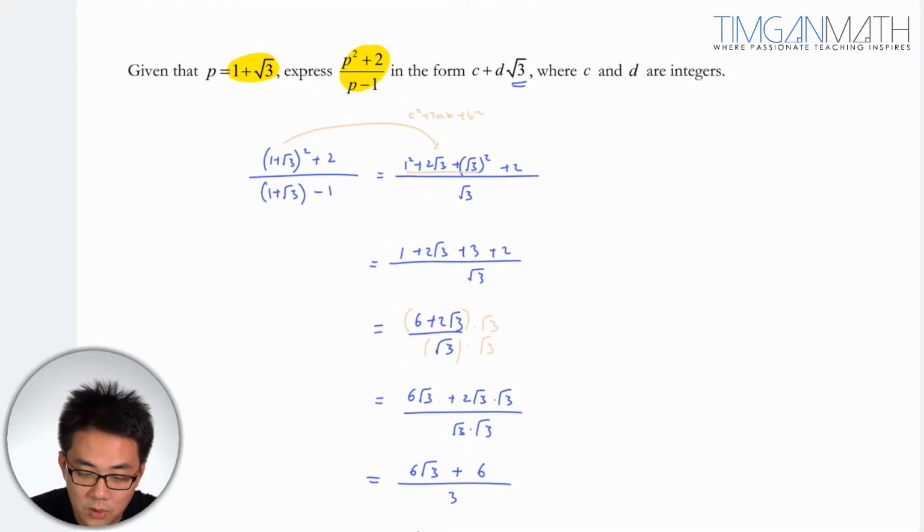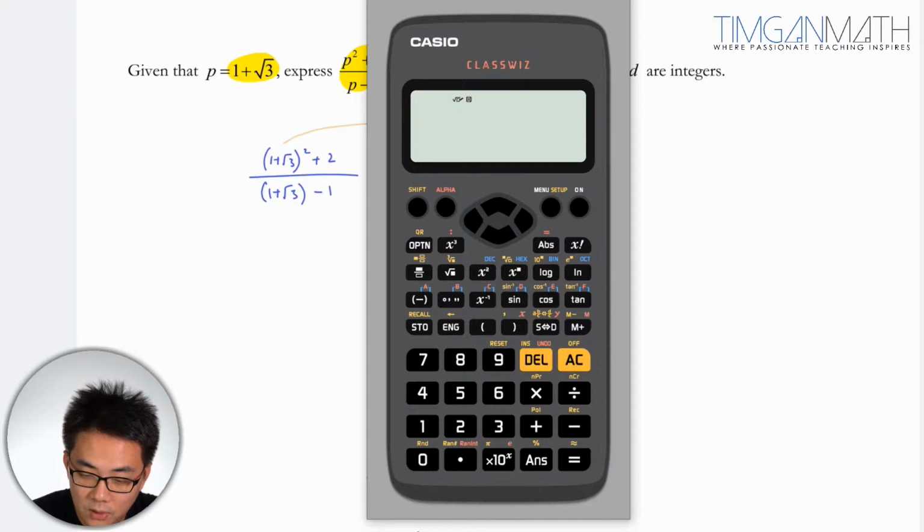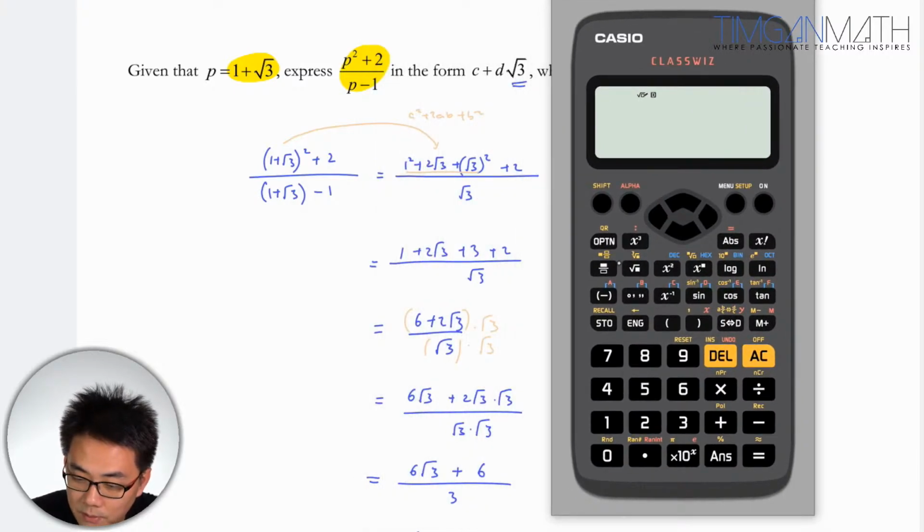Just remember, you could use your calculator to check. Please don't leave it unchecked. Whatever you simplified to, just key it into the calculator. This is (1 plus root 3) squared plus 2, denominator will be 1 plus root 3 minus 1. This is 5.46.